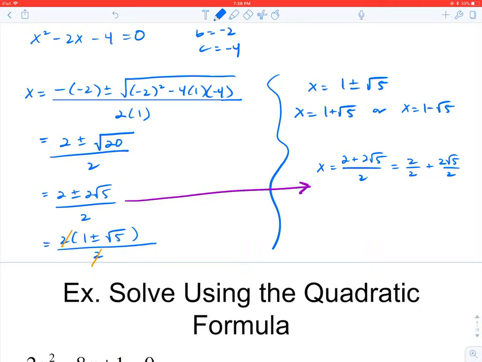Or this can also split up to be 2 over 2 plus 2 root 5 over 2, which is 1 plus root 5. Sometimes it's easier to see that way. So then we would have 2 minus 2 root 5 over 2, which would be 2 over 2 minus 2 root 5 over 2, which simplifies to 1 minus root 5.